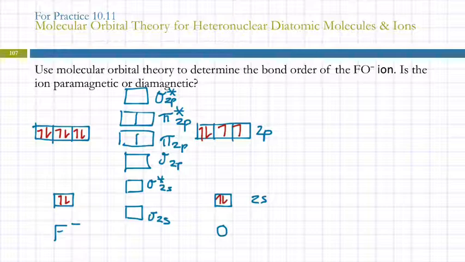What's really important is the total number, which is 14. So then we fill in 1, 2, 3, 4, 5, 6, 7, 8, 9, 10, 11, 12, 13, 14.